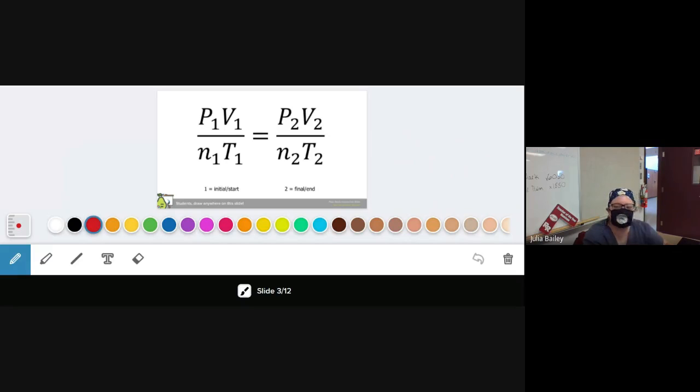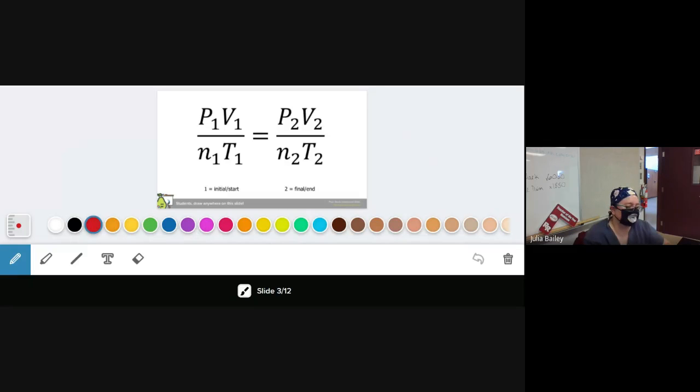And in its full form, it's this P1V1 equals P2V2 situation, and then it's also over N1T1 equals N2T2. It's kind of like a hot mess of an equation. There's a lot going on there.